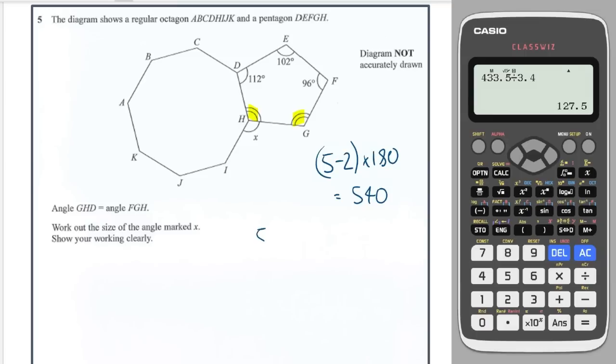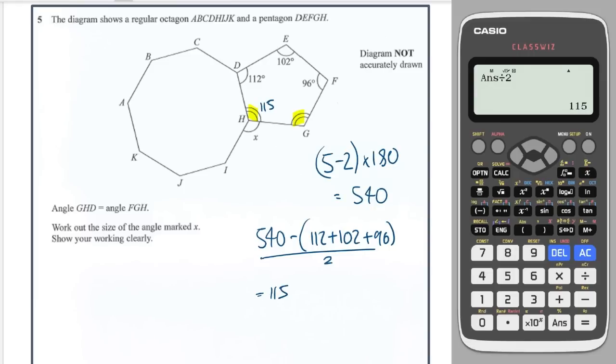So I will do 540 minus 112 plus 102 plus 96. Great, that gives me 230, and I'm going to divide that by 2. And that's going to give me 115. So this in here is 115.